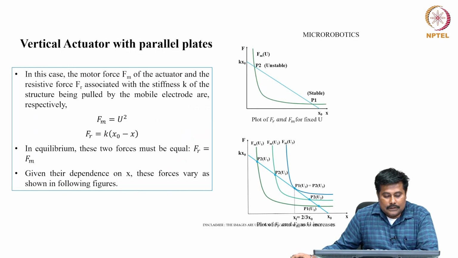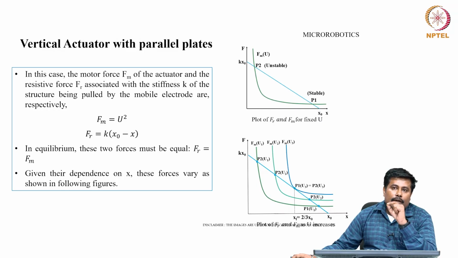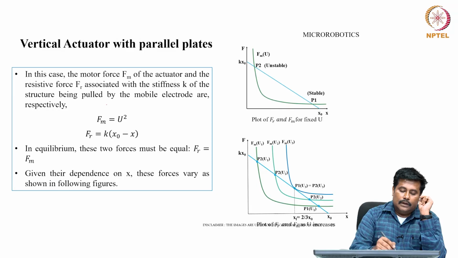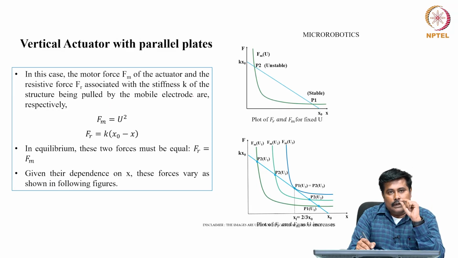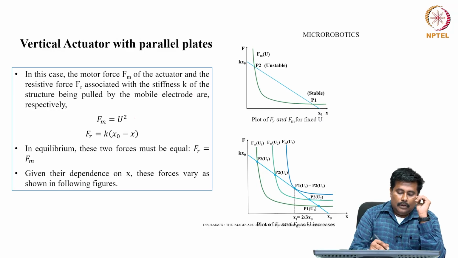Now, let us consider a vertical actuator with a parallel plate. In this case, the motor force Fm of the actuator and the resistance force Fr, associated with the stiffness K of the structure being pulled by the mobile electrode, are Fm equals U squared term and Fr equals K times displacement.